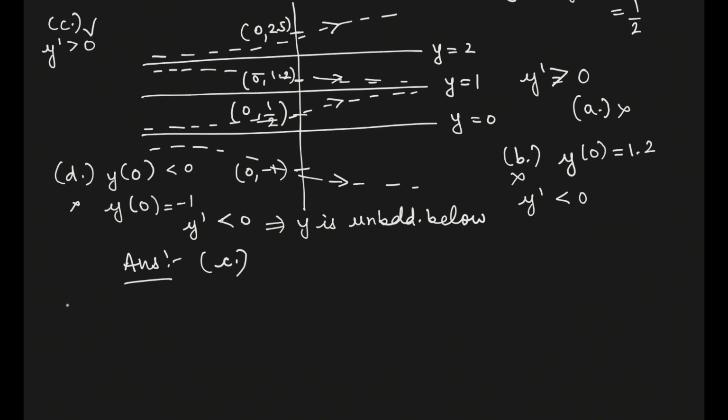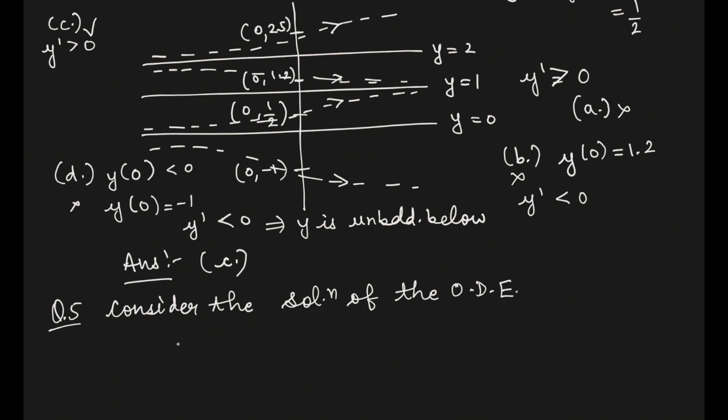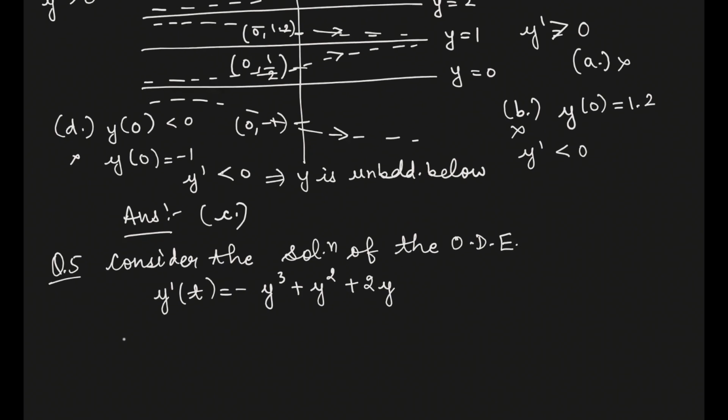Next question. Consider the solution of the ordinary differential equation y dash t equal to minus y cube plus y square plus 2y, subject to y0 equal to y naught, which belongs to 0 comma 2.